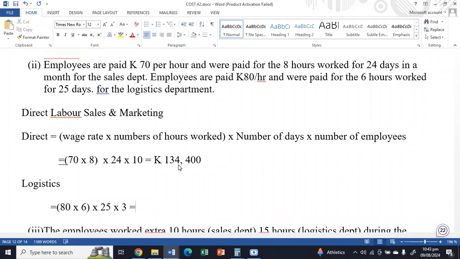What value are we getting here? 36,000 flat.